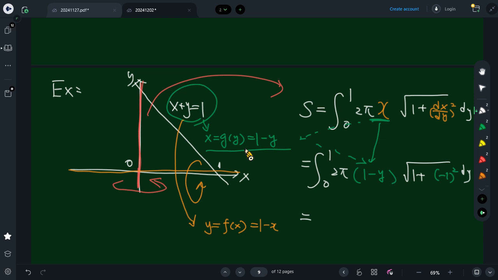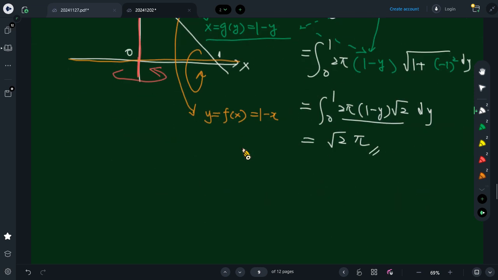Then the result will be 2 pi times (1 minus y) times the square root of 2, dy. Finally, the result is quite simple because the integrand is simple. The result is square root of 2 times pi.